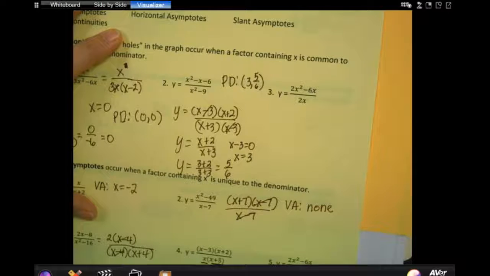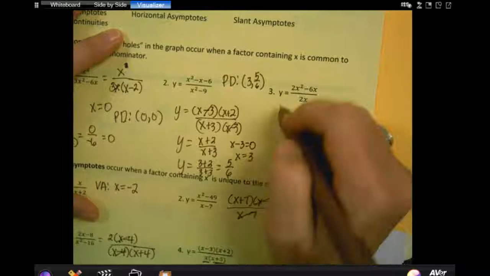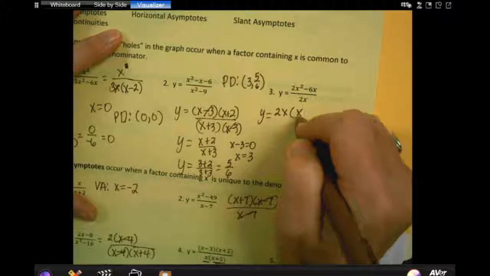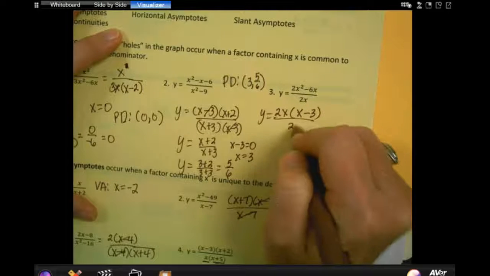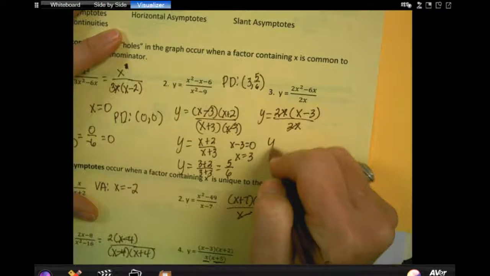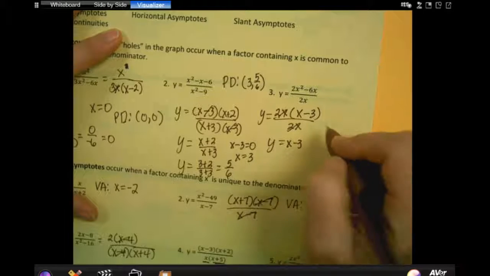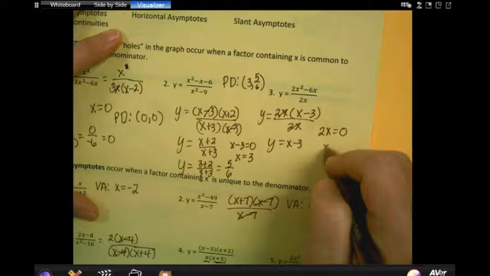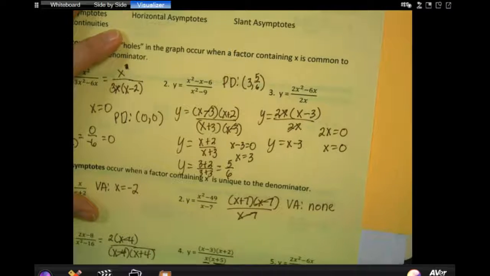So what can you factor from the next one? 2x. So what cancels? So I'm going to set 2x equal to 0. So my x equals 0.